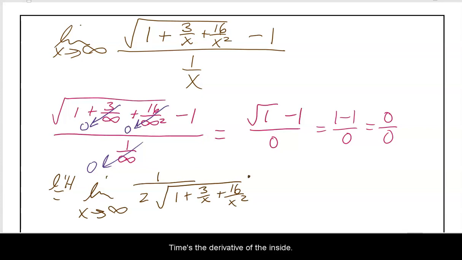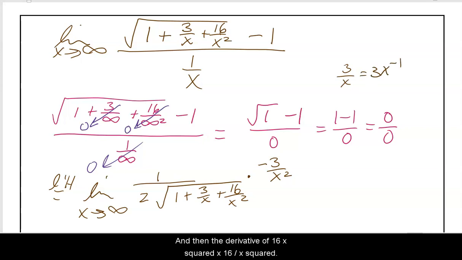Times the derivative of the inside, which the derivative of 1 would be 0. The derivative of 3 over x would be negative 3 over x squared. And again, that's from thinking of 3 over x as 3x to the negative 1. And then the derivative of 16 over x squared, like this.